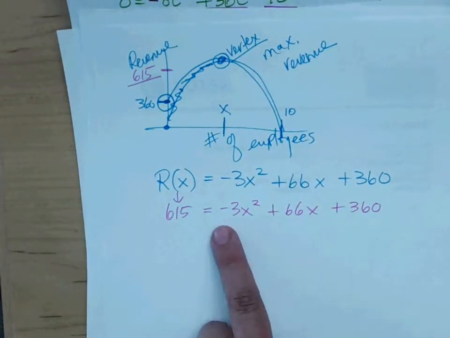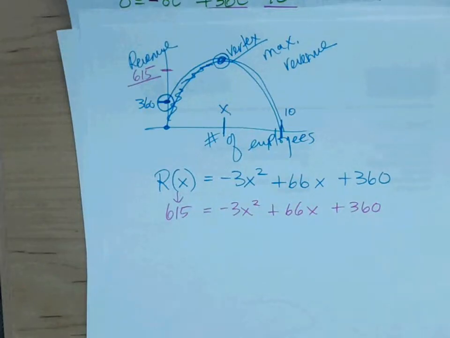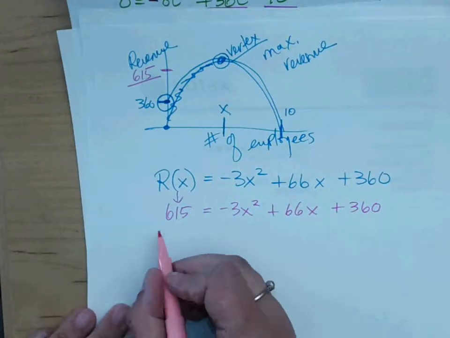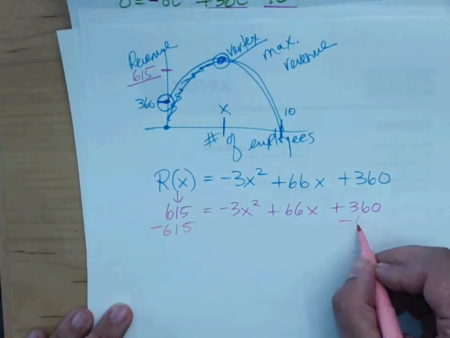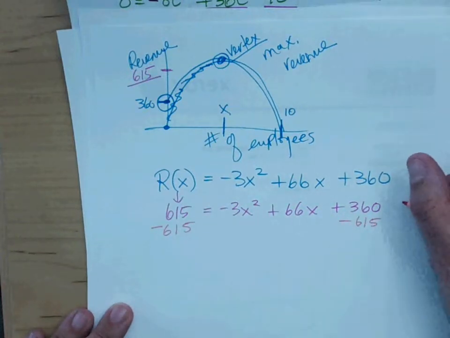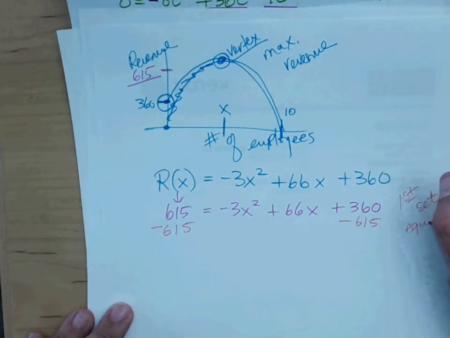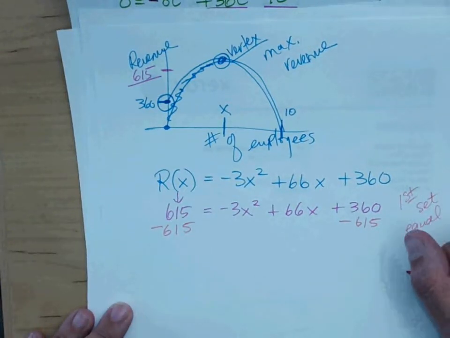I have it in two places, right? So how could I get x by itself? What would I want to do first? Yeah, actually, the first thing we want to do is set it equal to 0. So number one step first, set equal to 0.